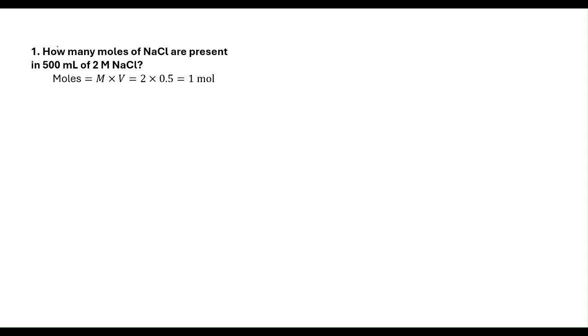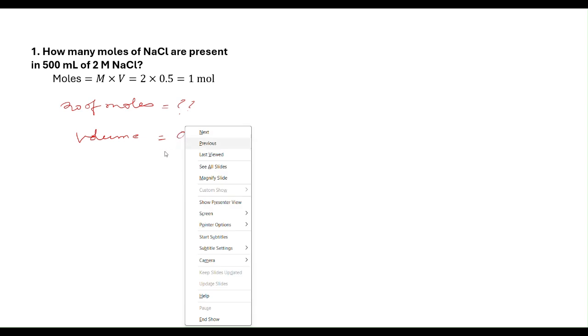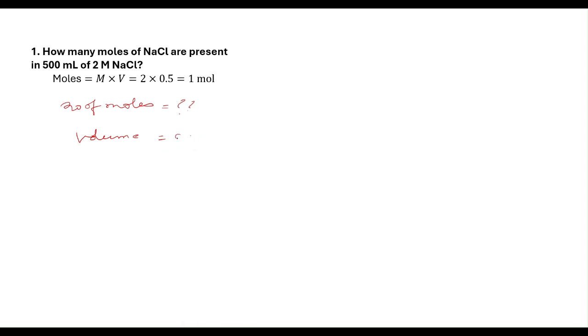Let's begin again. Basically we want to know the number of moles present in this solution, and we have two pieces of information. We have volume, which is 500 ml, that is 0.5 liter, and our molarity, which we can represent by M, is 2.